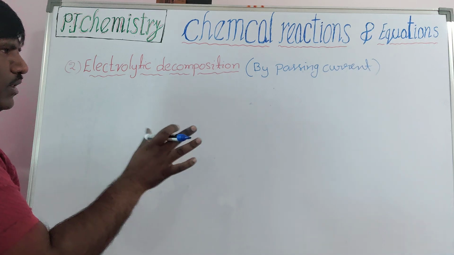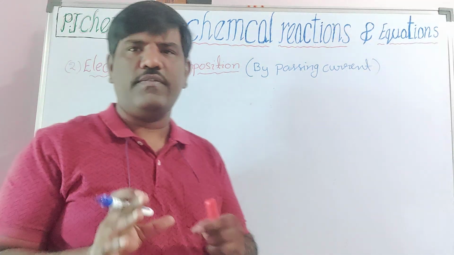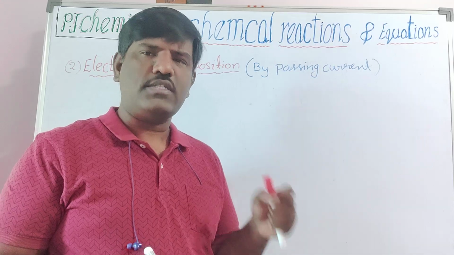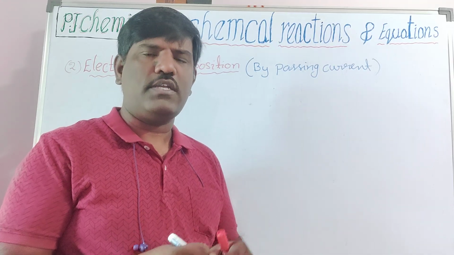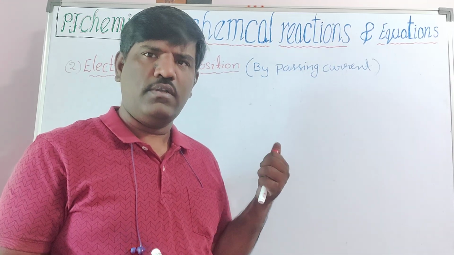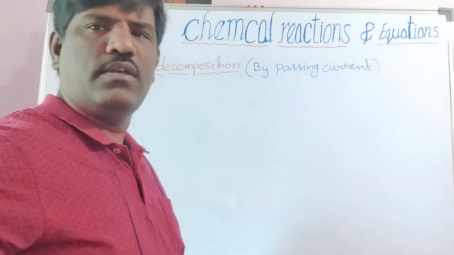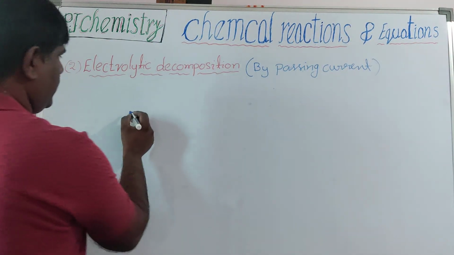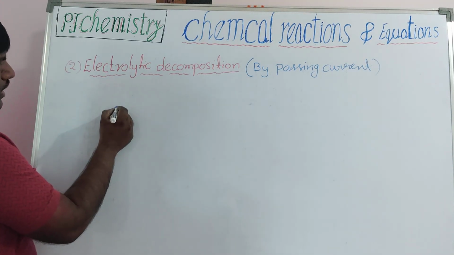Now this is very important for a 3 marks question. Last year they asked it, and this year also they asked related questions. Here the diagram is very important. See the diagram.